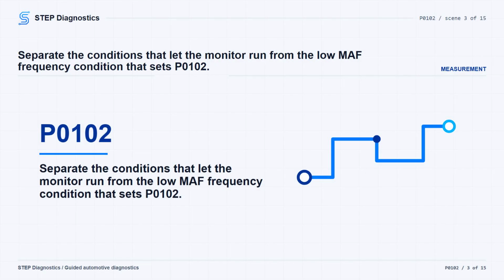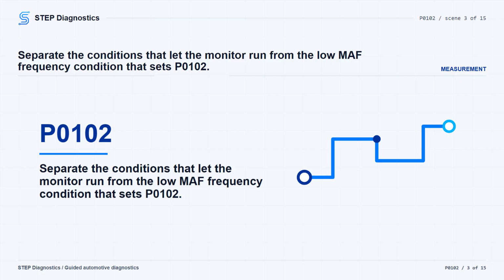Before testing, separate the monitor gates from the failure criteria. The monitor gates are battery voltage greater than 8.5 volts, engine running for greater than 1 second, engine speed equal to or greater than 300 RPM, and frequency the DTC runs equals continuously after the running conditions are met for greater than 1 second.